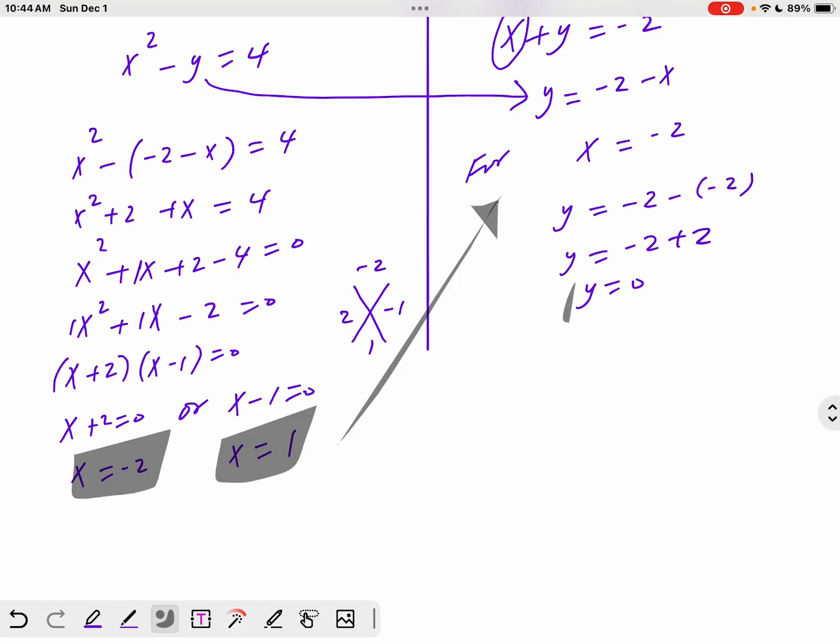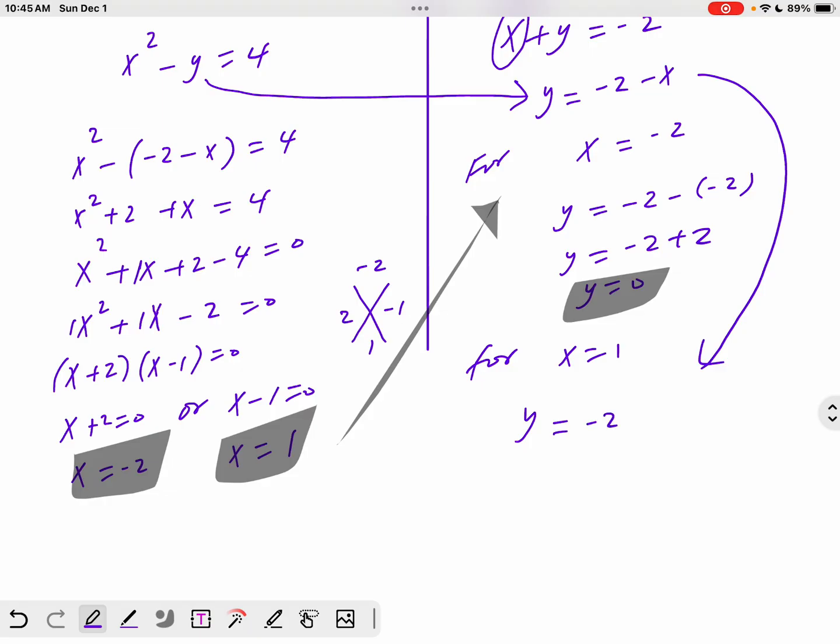When x is -2, y is 0. Well, then for x equals 1, we're going to substitute back here again. So y equals -2 minus 1. So y equals -3. This is your second y value.